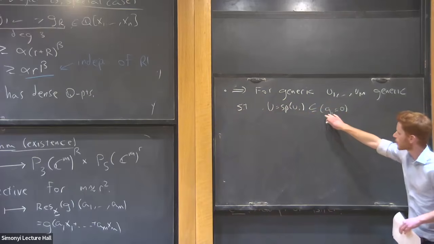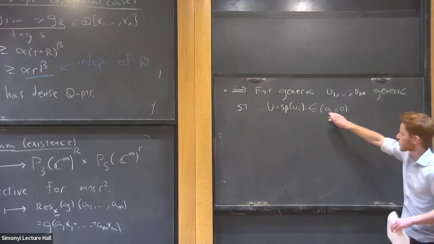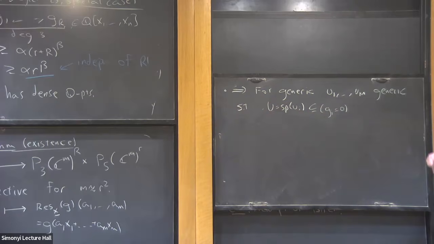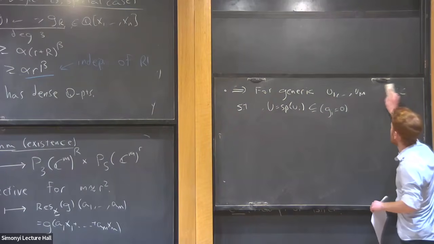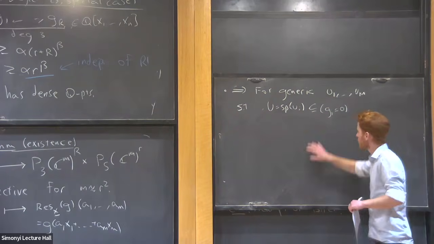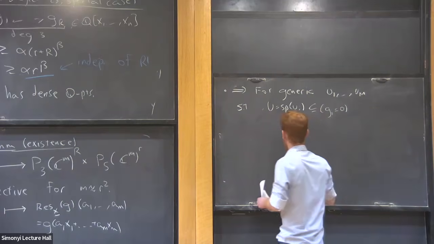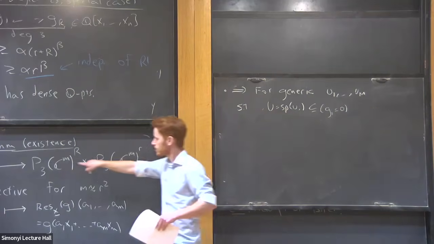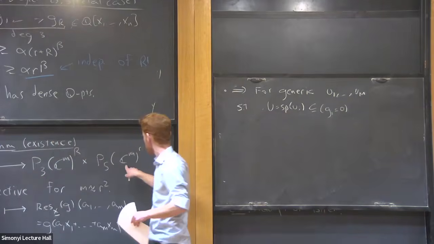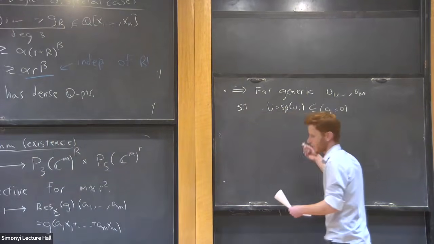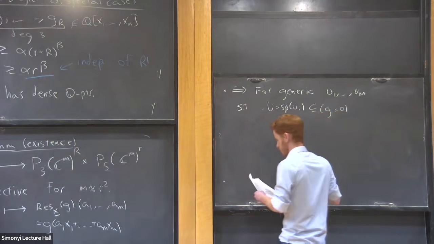So this is a closed condition: tuples of vectors whose span is where the cubics vanish. And in that closed set, there's a dense open set where the second tuple of coordinates is going to be generic, surjective.